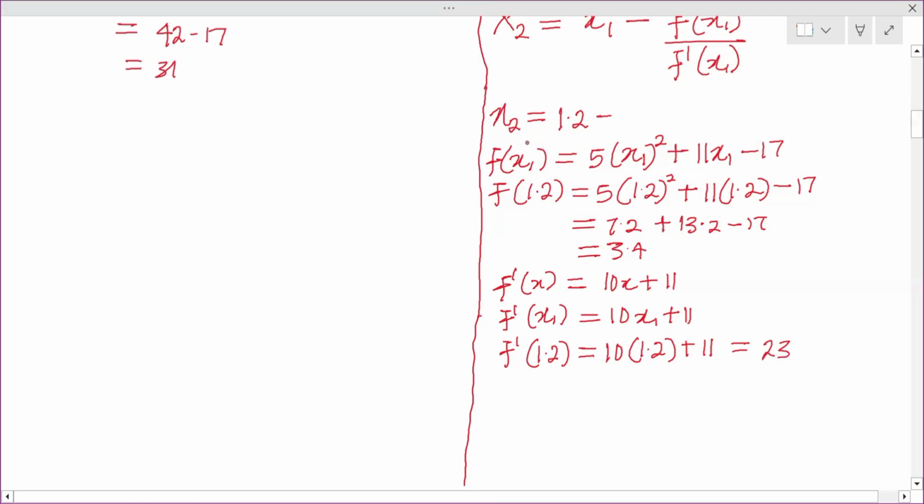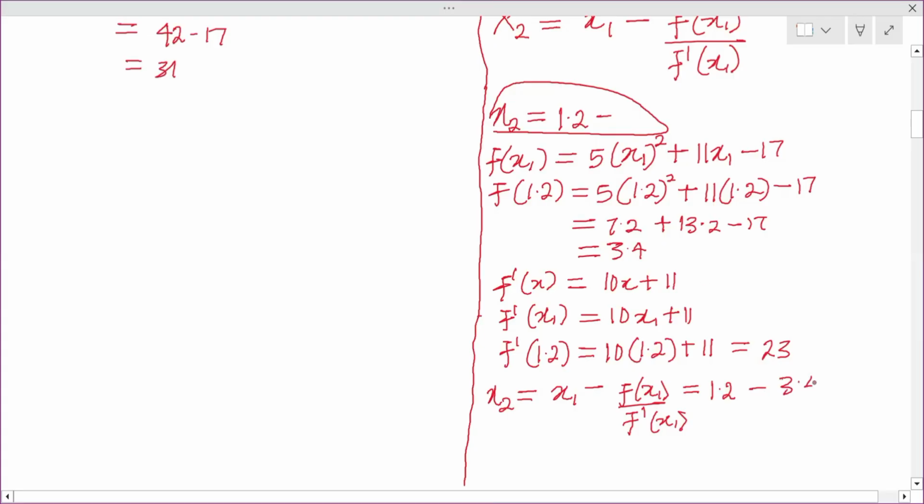So when you're done with this, remember I stopped here. I now come back to a better approximate value x2, which is equal to x1 minus f of x1 all over f prime of x1. This will now be equal to x1, 1.2, minus f of x1, which we have gotten to be minus 3.4, all over f prime of x1, which is 23. So we can have this to be 1.2 minus, what is 3.4 divided by 23?